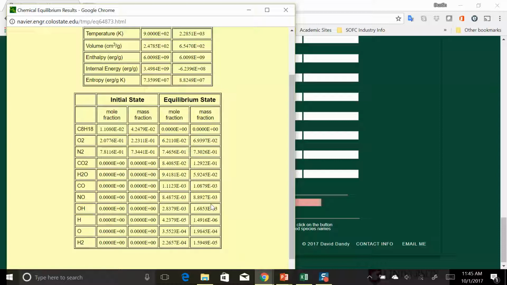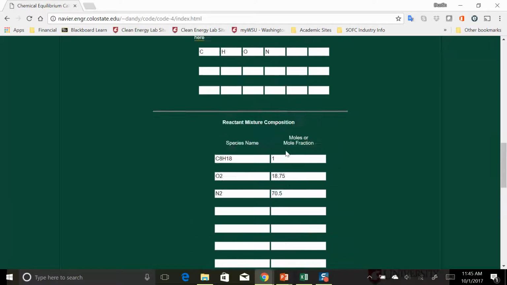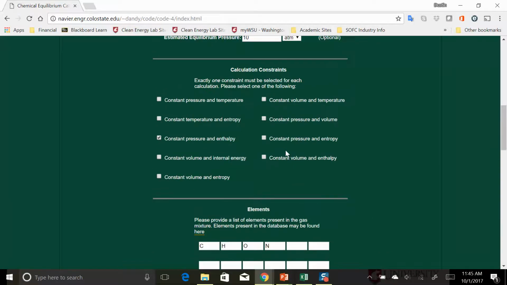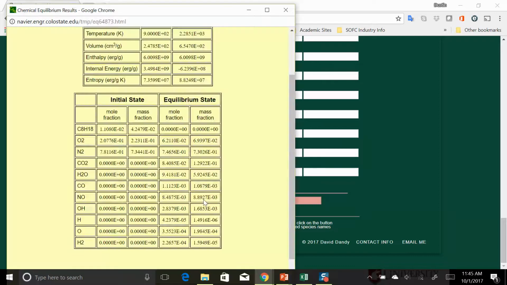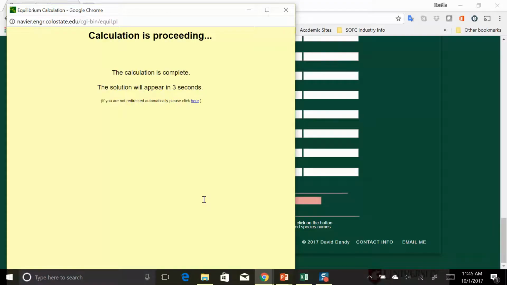If I go back instead, and let me try this again, but instead of doing constant enthalpy combustion, meaning adiabatic, let's say I burned it and then cooled it all the way back down. So let's say constant pressure and temperature. I combusted it and I cooled it back down. Constant pressure and temperature is what I'm selecting, and I calculate equilibrium at 900 degrees.